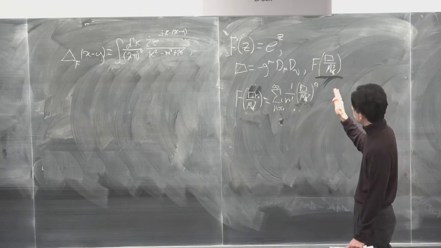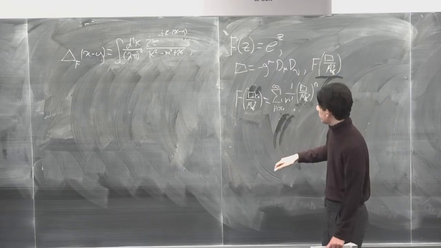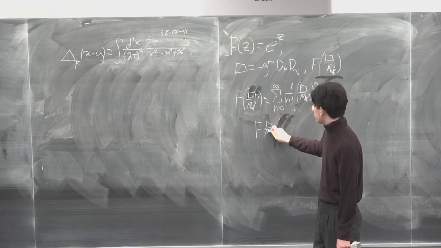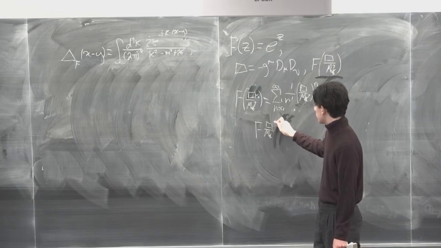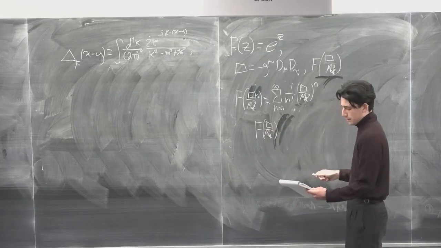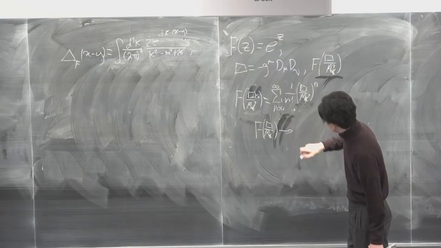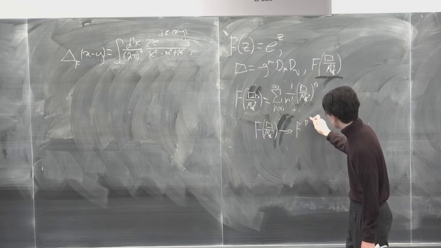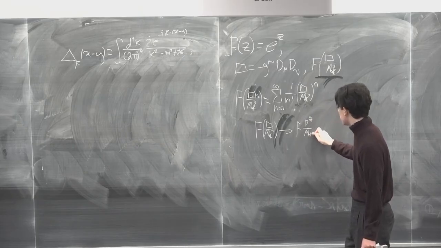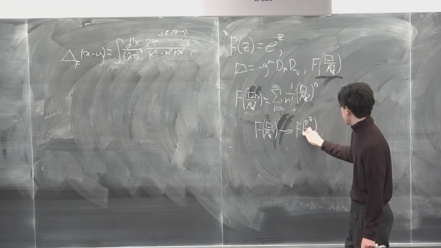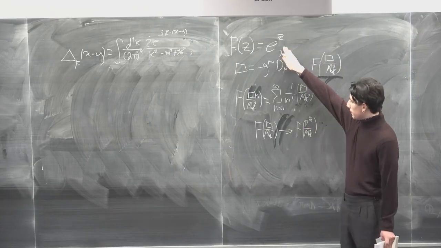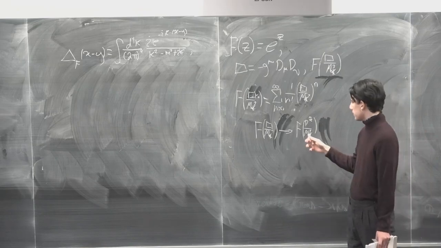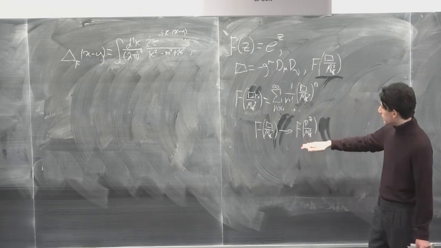First we'll write it like this. Then we'll go through a Fourier transform to become f of p squared over m star squared. But that won't help us if we dress our vertices and our kinetic operators with this, because it'll still blow up.